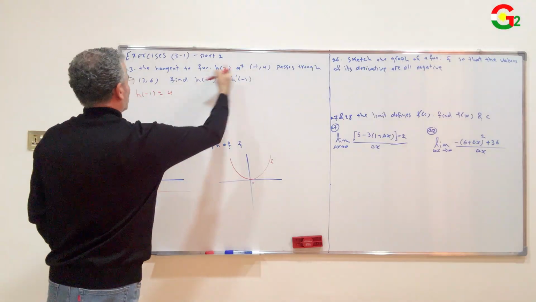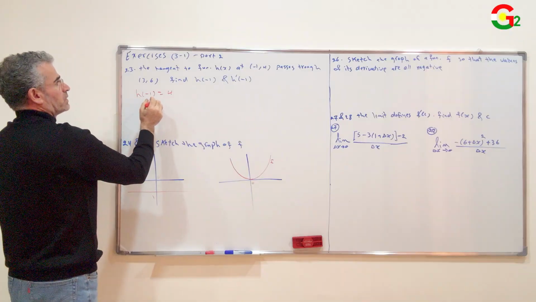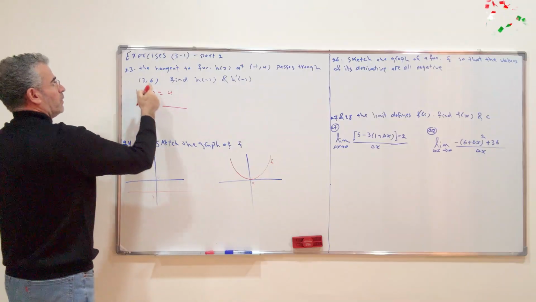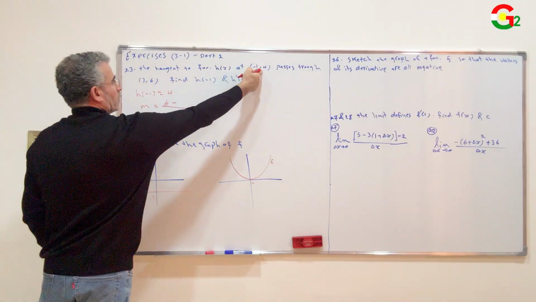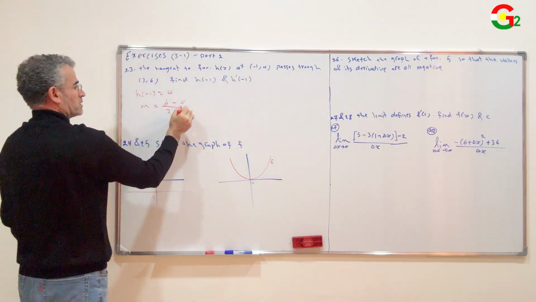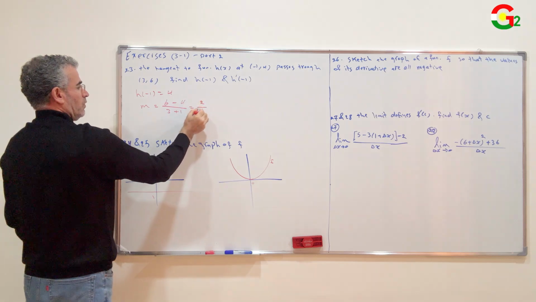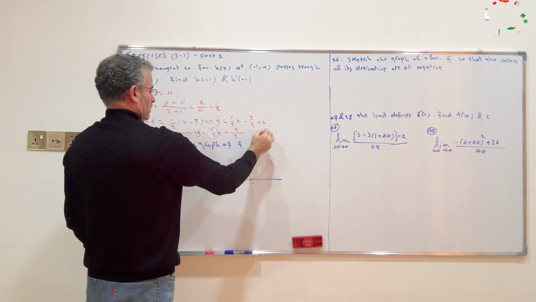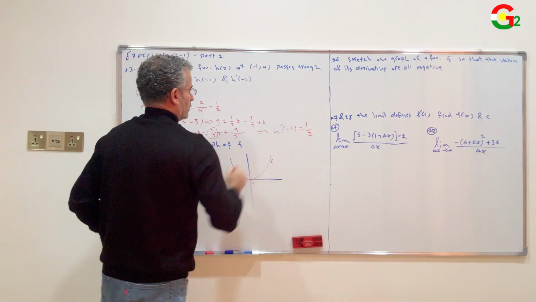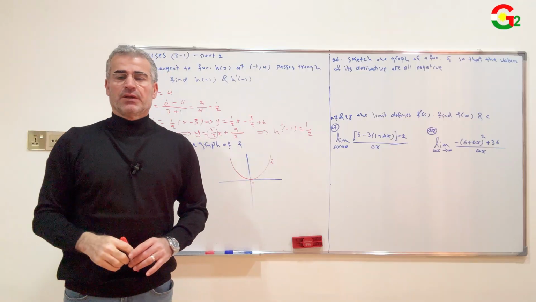To find h', we must find the equation of the line. First we want to find the slope: y2, 6, minus y1, 4, over x2, 3, minus x1, negative 1, equals 6 minus 4, 2, over 4, equals 1/2. So h'(-1) equals the slope of the line at the point of tangency, 1/2.